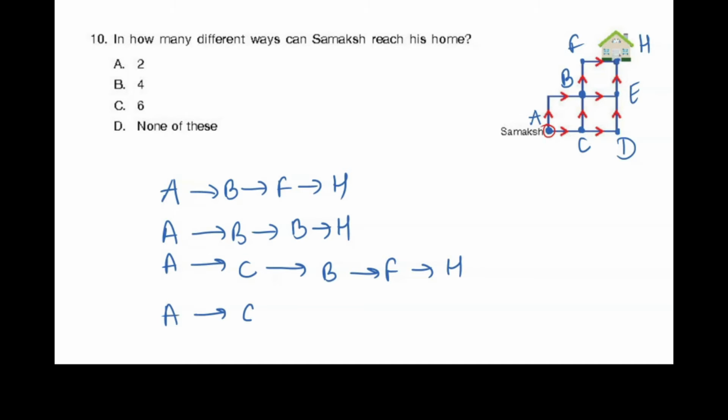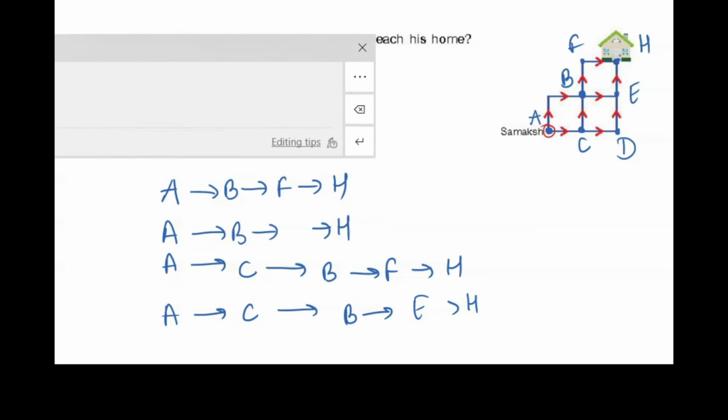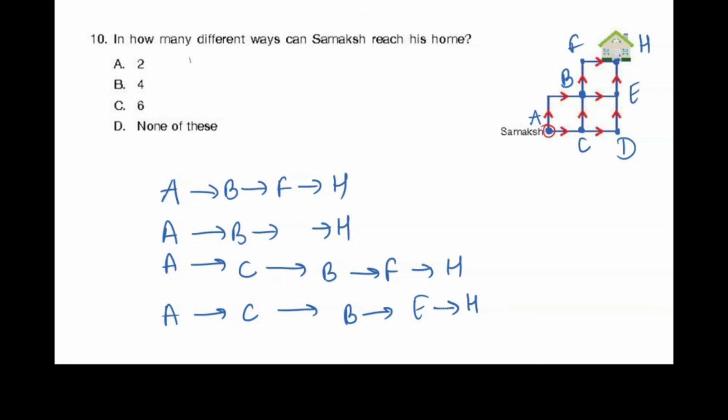Again A to C, C to B, B to E, E to H. Oh, I should write E here. Sorry for that. B to E, E to H.